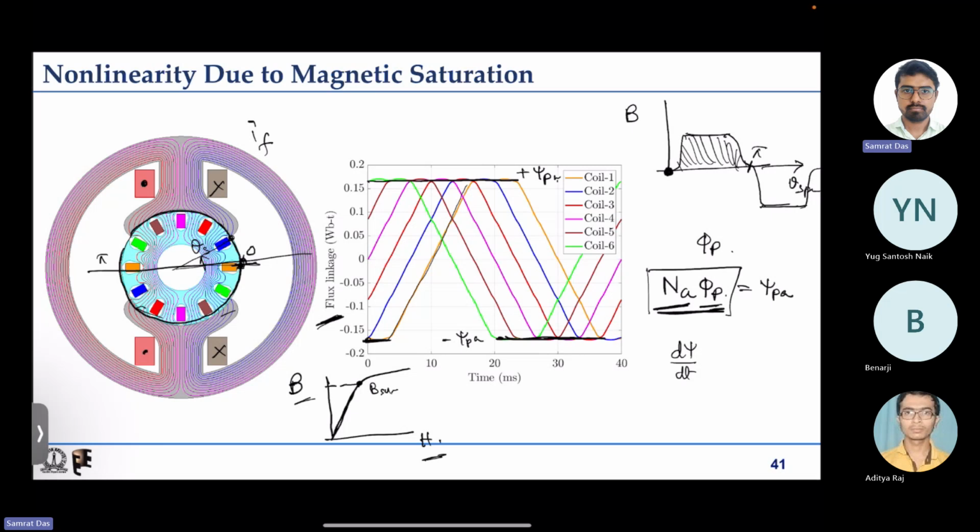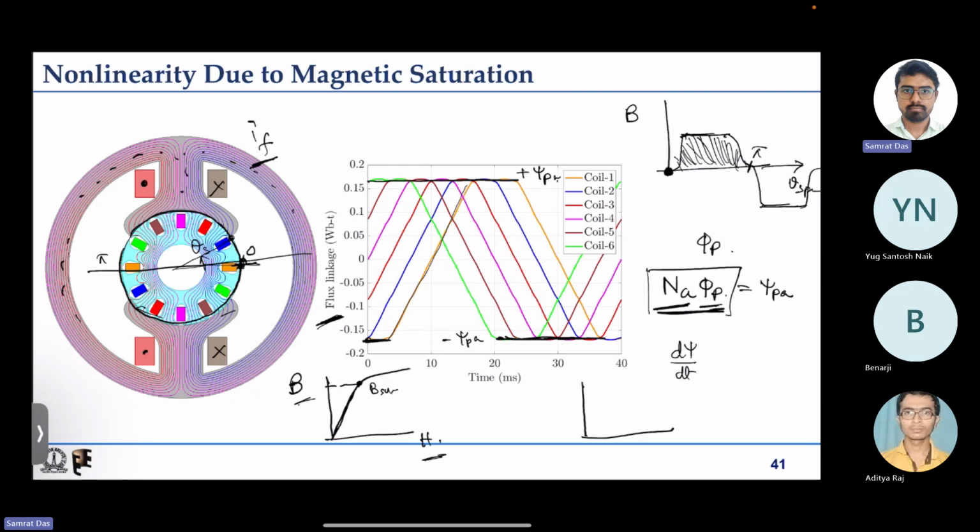Okay, so if we excite the field winding with a lower amount of current, so that the B in all parts of the magnetic core is within this B saturation limit, then this flux per pole, that is this area, will increase with field current in a linear fashion.